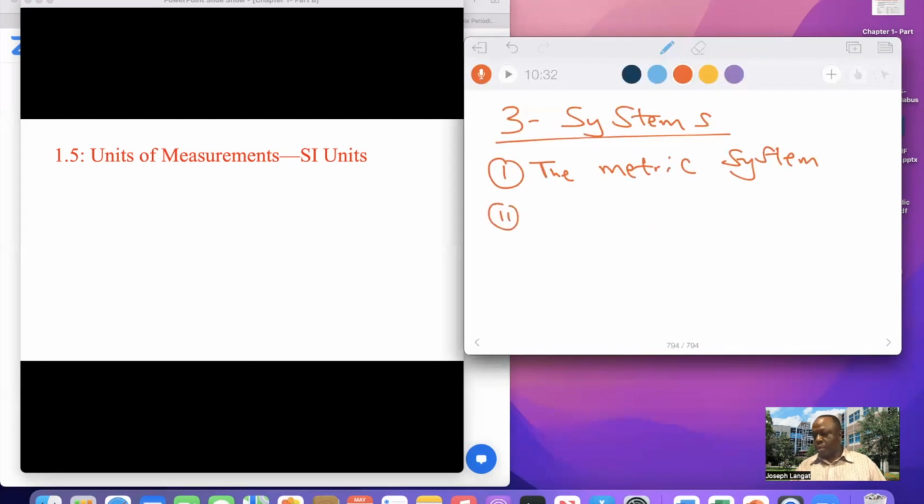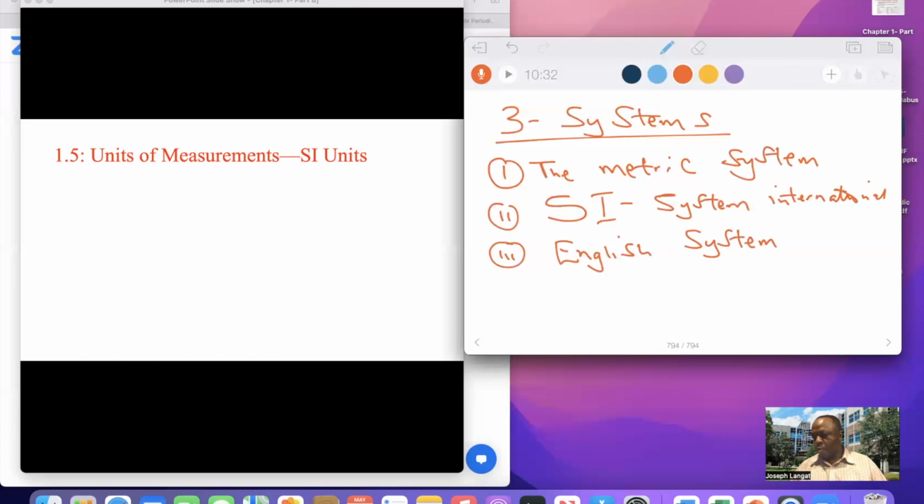And then there is the system international, or SI, founded in 1960 by a group of scientists. And lastly, this is the English system, which we use at home, or mostly in the US.